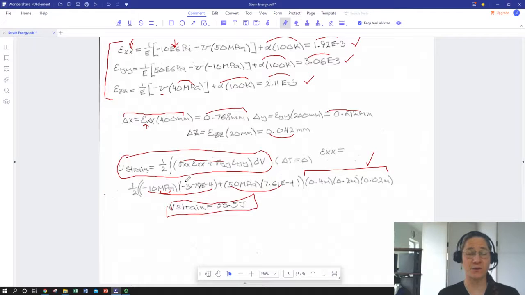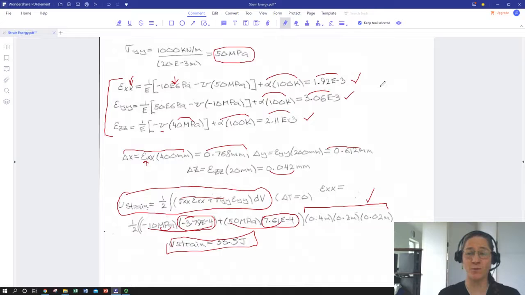Important thing to remember, this strain, this εxx, is negative, and this εyy is not the same. It's positive but substantially smaller than what we had up here.